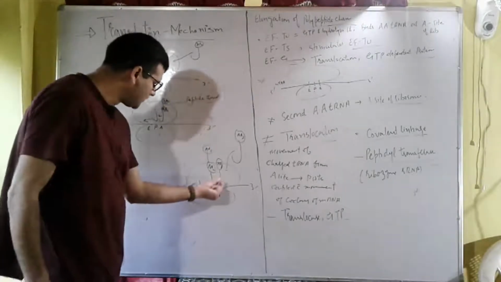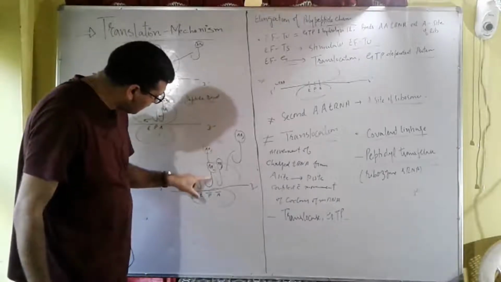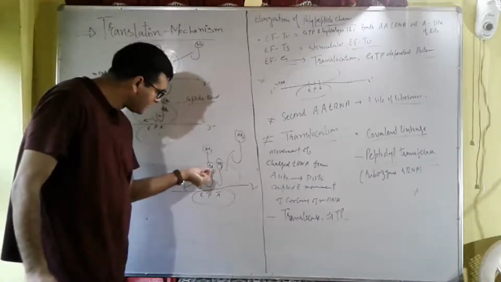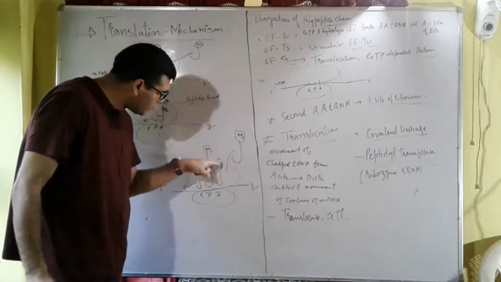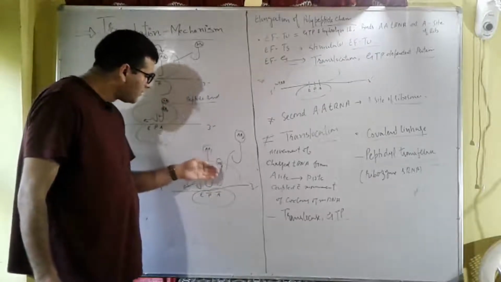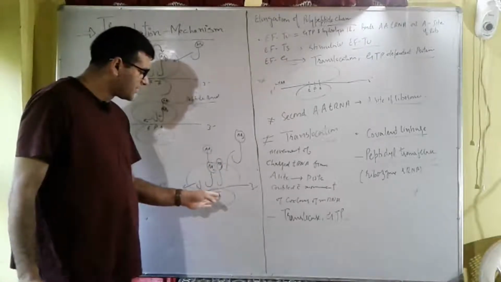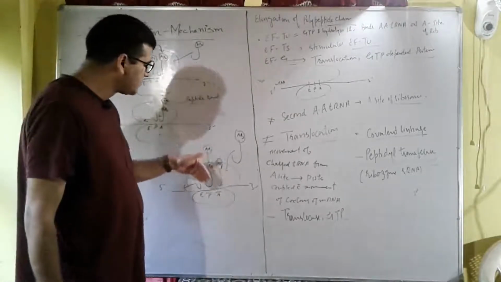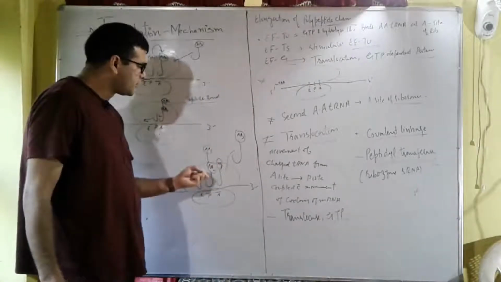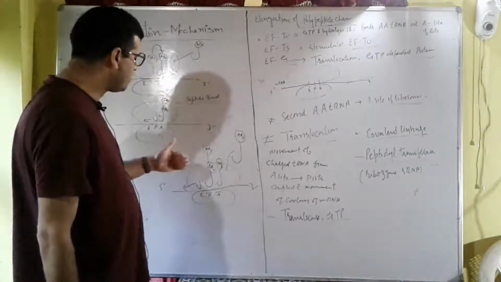Again, the covalent linkage between the tRNA and its corresponding amino acid is broken, and this dipeptide shifts to the tRNA which is present at the A site, and now there would be 3 amino acids on the tRNA at the A site. This process of arrival of charged tRNA and translocation is repeated, and the polypeptide chain grows.